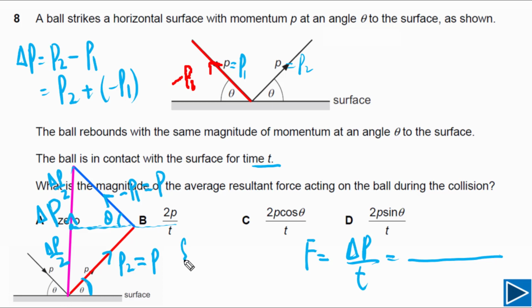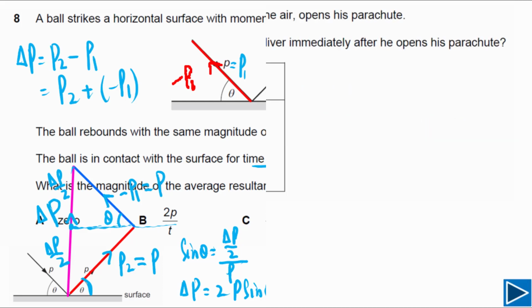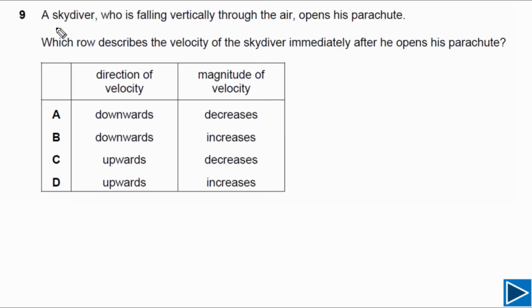If we look at sine of theta, this will be equal to delta P by 2 divided by P. From here we can find delta P is equal to 2P sine of theta. So this is our answer.